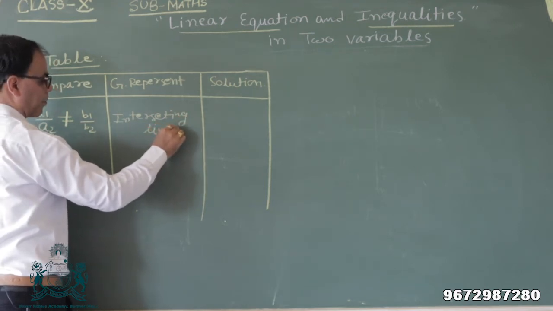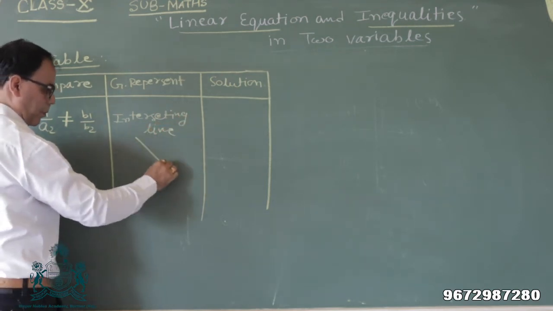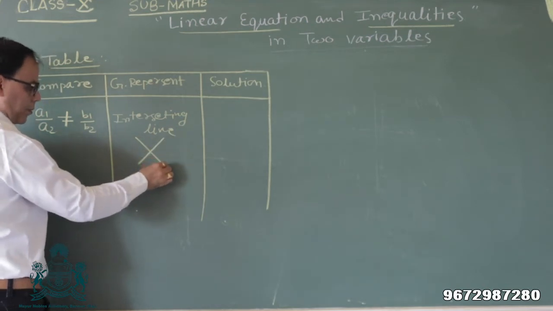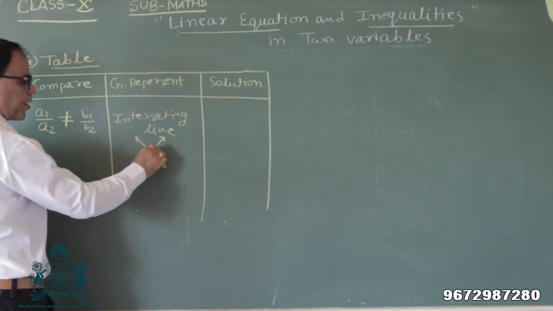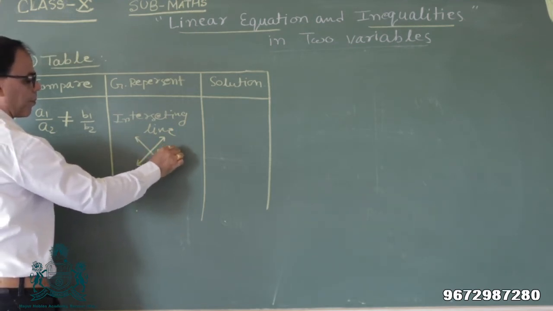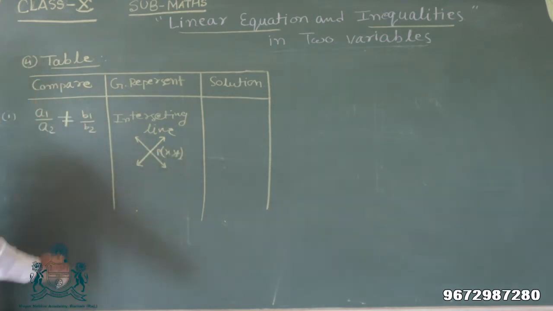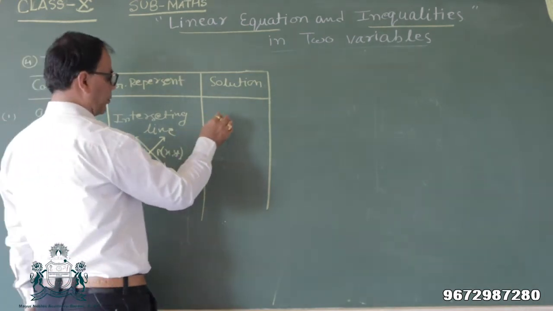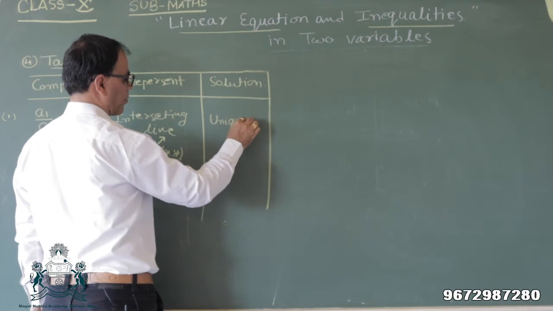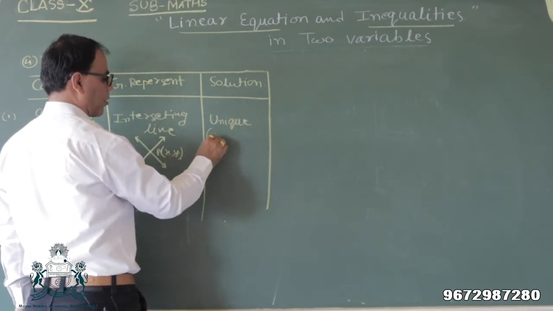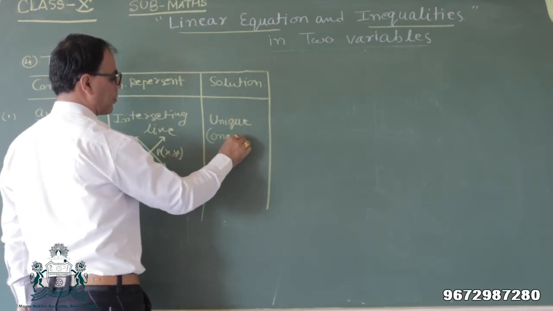Intersecting lines. This is the intersect point. And the solution is a unique solution. Only one solution.